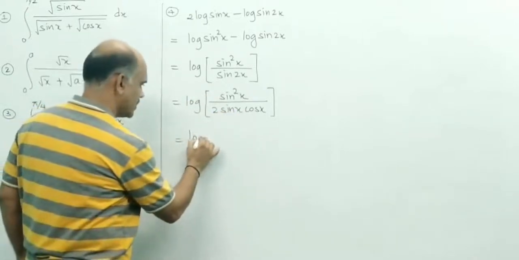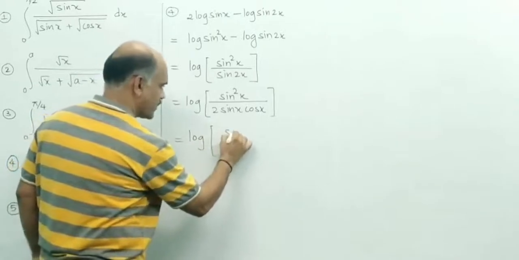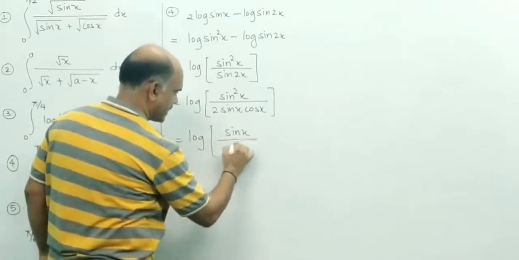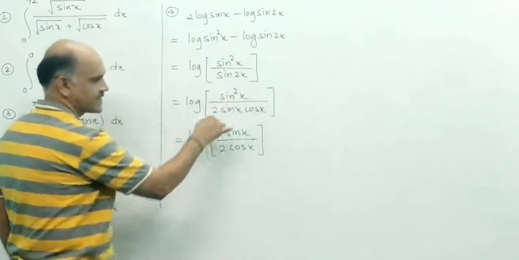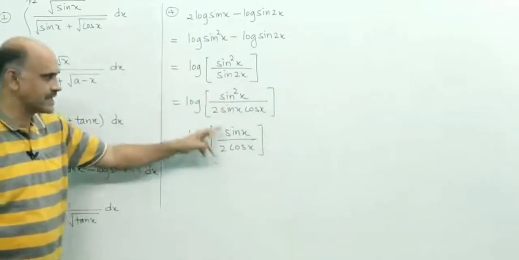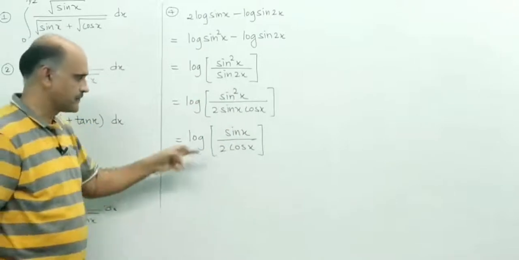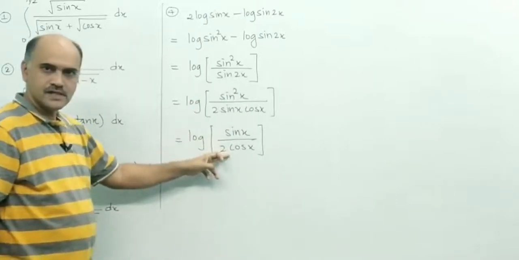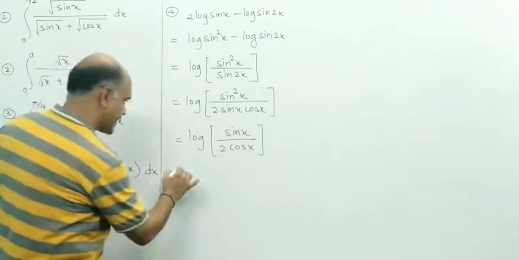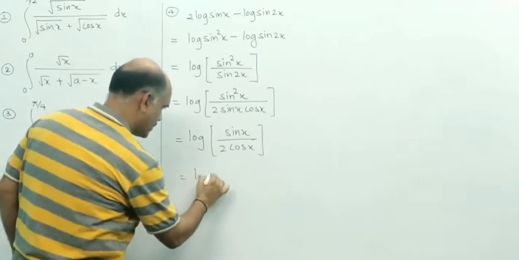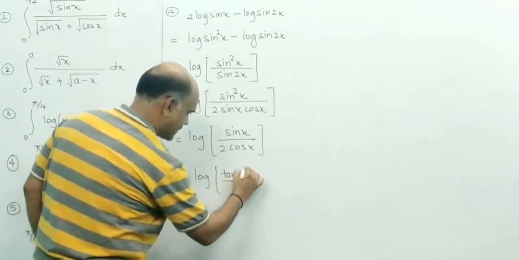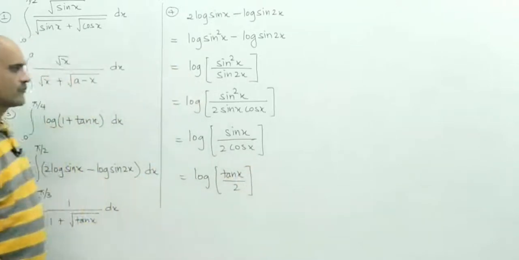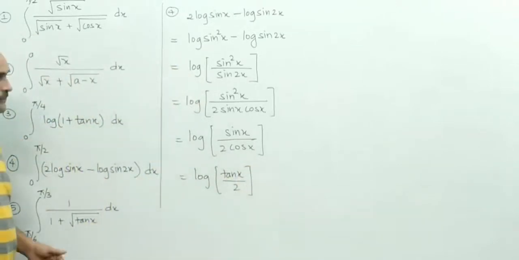So log of sin x by 2 cos x. Sin square and sin get cancelled, one sin remains, here cos. Sin by cos is tan. So I will write it as log of tan x divided by 2.